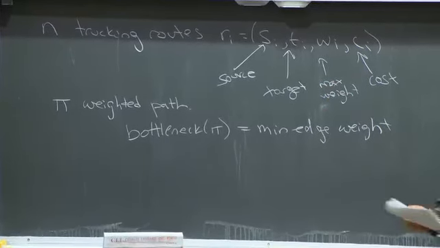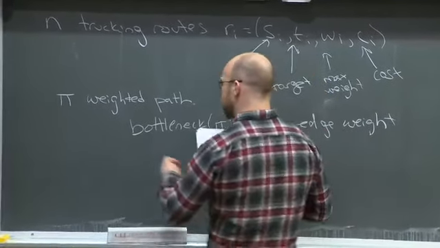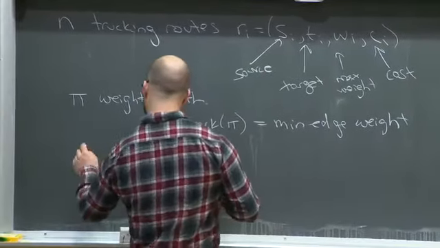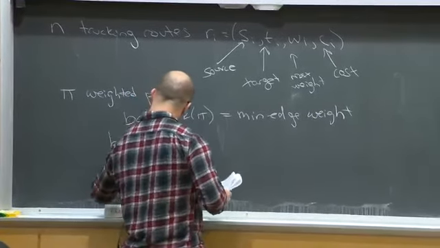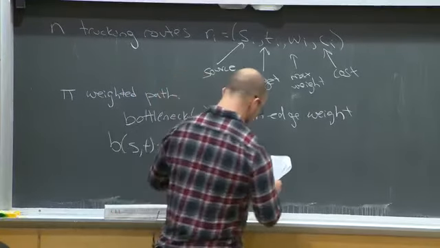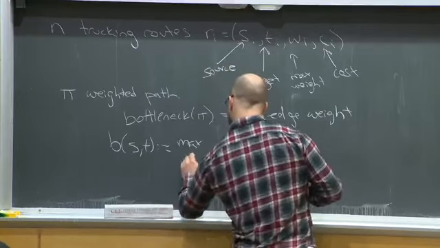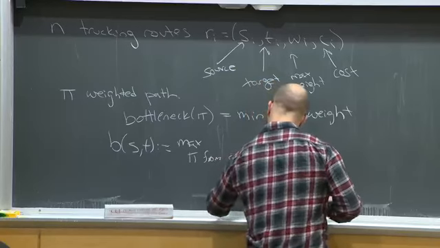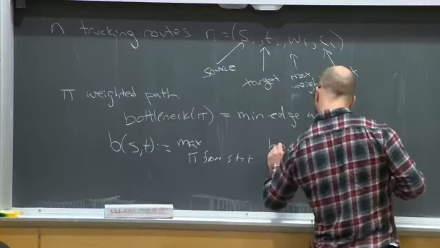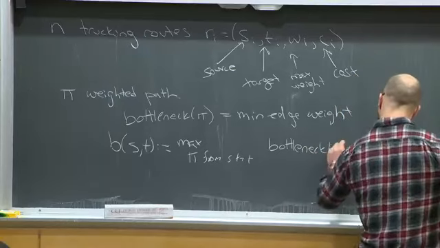Okay, so right now, given a directed graph and 2 vertices S and T, we're going to define a quantity called B of S comma T, and we're going to say that this is the max over any path pi from S to T of the bottleneck of pi.